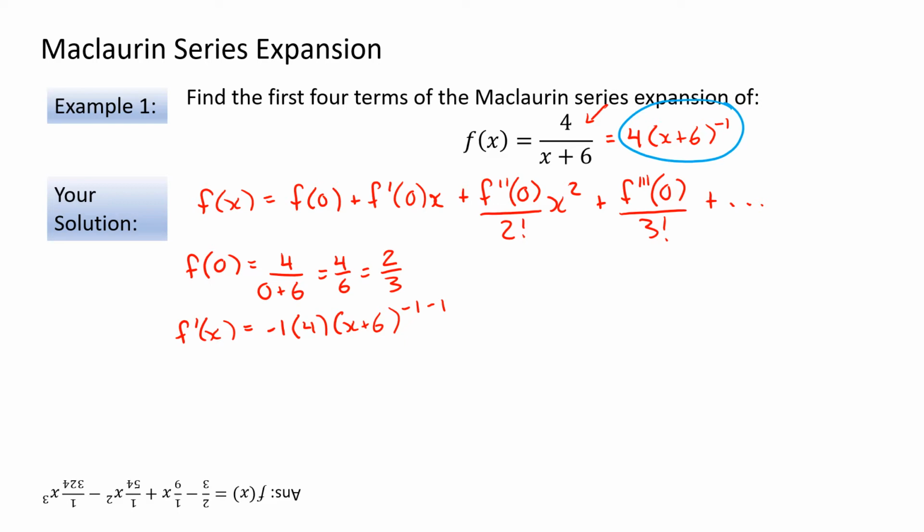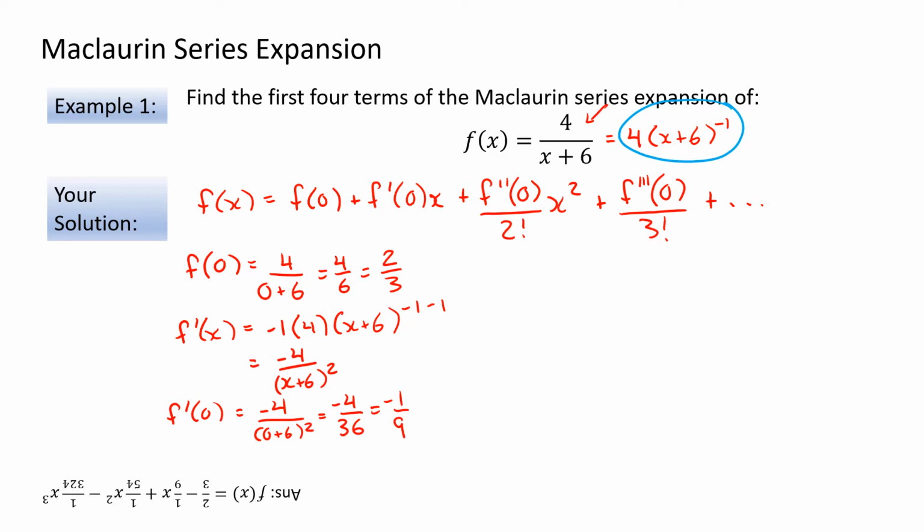If you multiply that out, you get negative 4 over x plus 6 squared. Now, if you substitute in for f prime at 0, you get negative 4 over 0 plus 6 squared, which is negative 4 over 36, or negative 1 divided by 9. So we know our second term, negative 1 over 9.